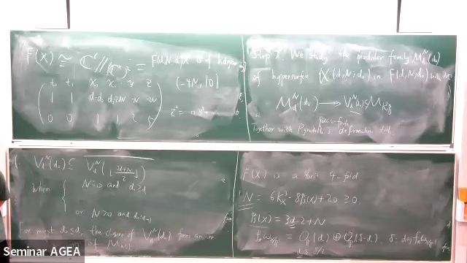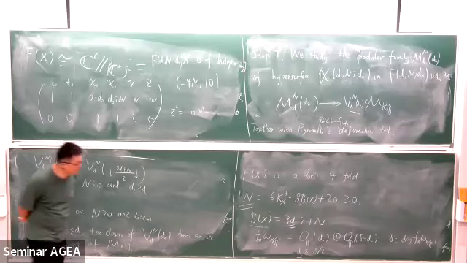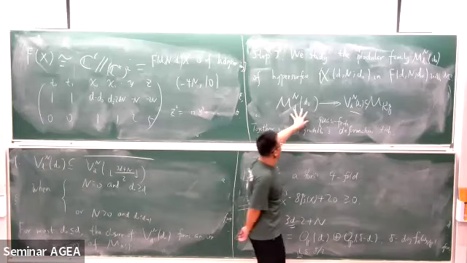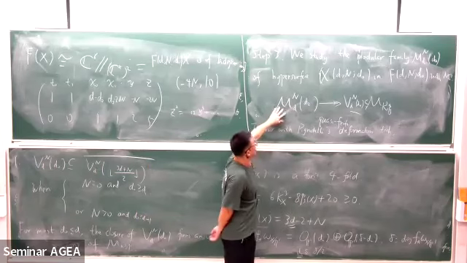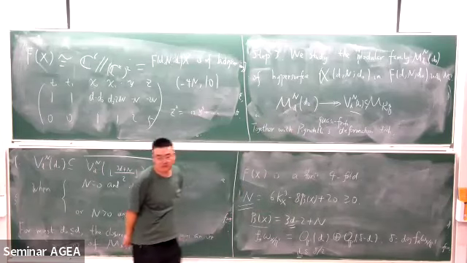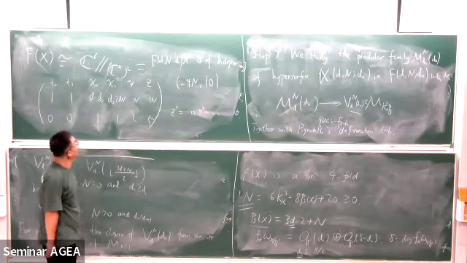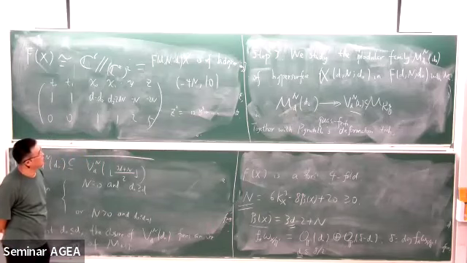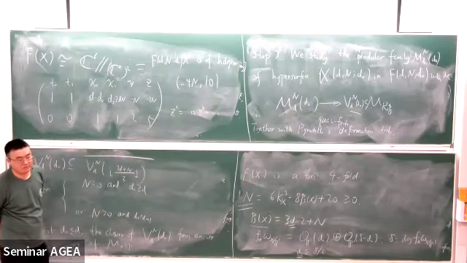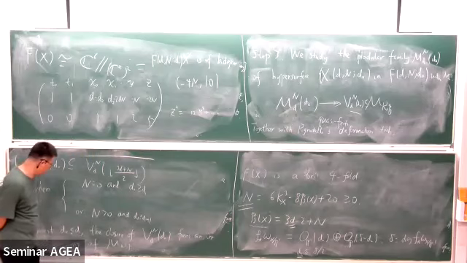So, V_{d,n,d_0} is just the image of this moduli family. So how do you count the number of irreducible components on this kind of framework?